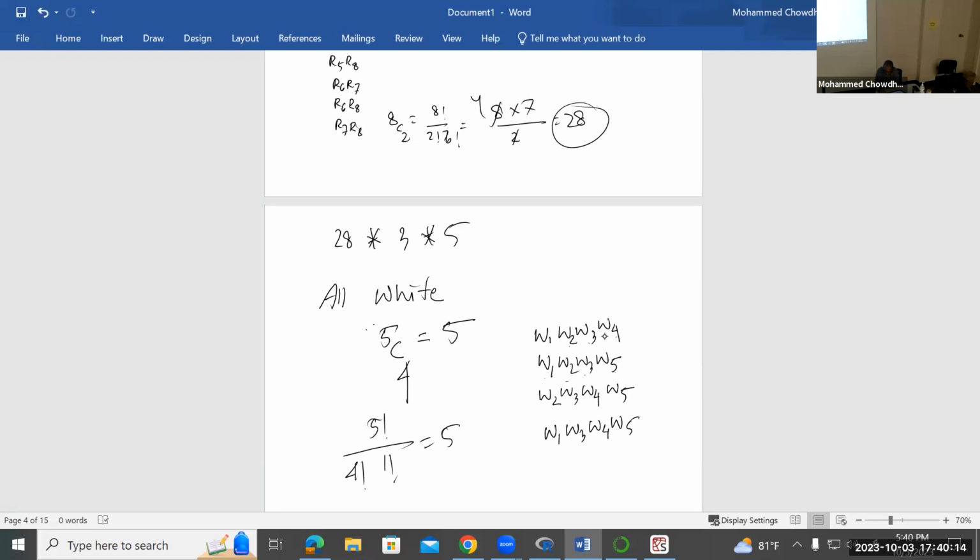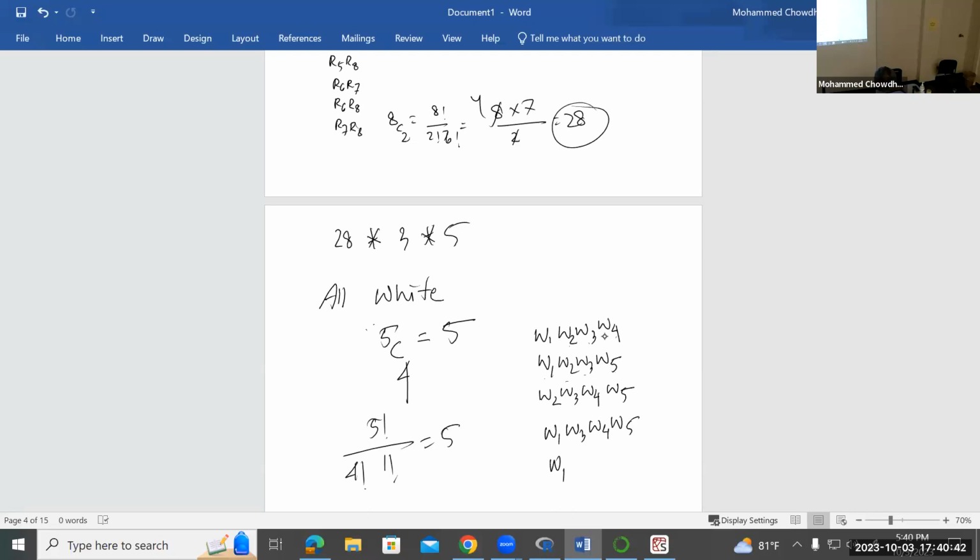And finally, you can get one of them not in there. Let me write it clearly here. White 1, white 2, white 3, white 4. White 1, white 2, white 3, white 5.